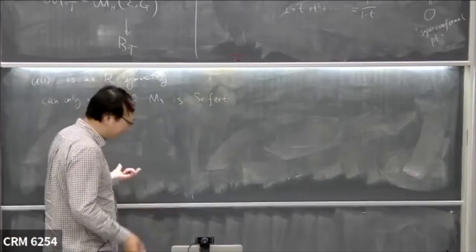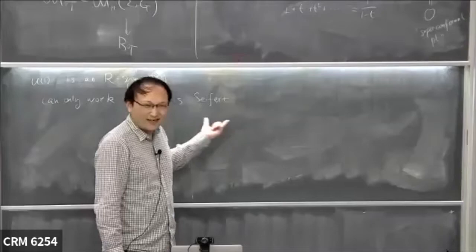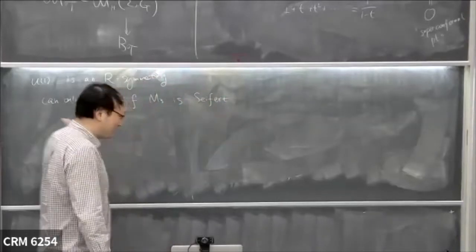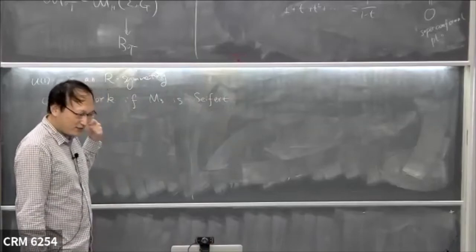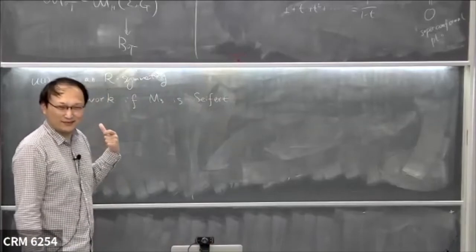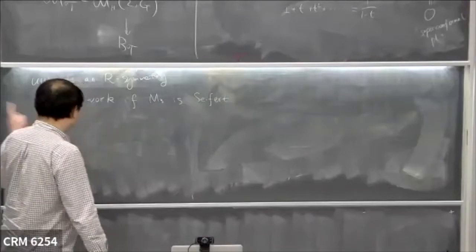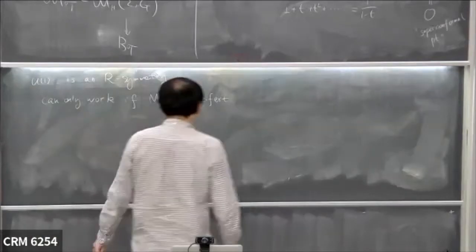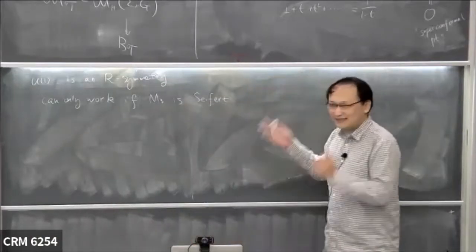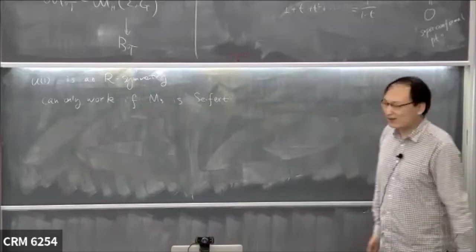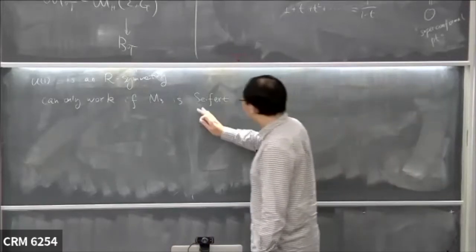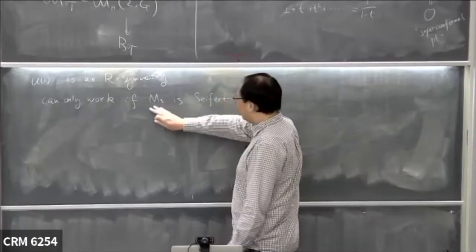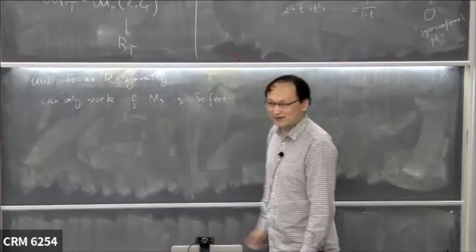But alternatively, you can fix this Seifert manifold and ask what happens if I change my sigma. And then that's the 2D TQFT labeled by the 3-manifold that we started with. So that's exactly the T that we have seen yesterday. And then if we take this with a lens space, we are getting back exactly to what we were previously. But that's not what we are interested in doing today. We are interested in having more general 3-manifolds.